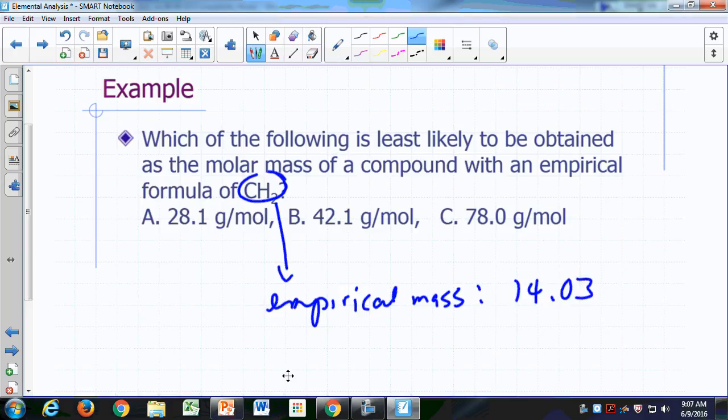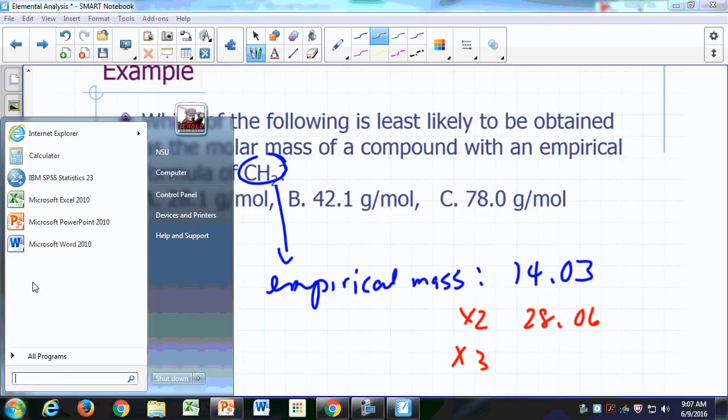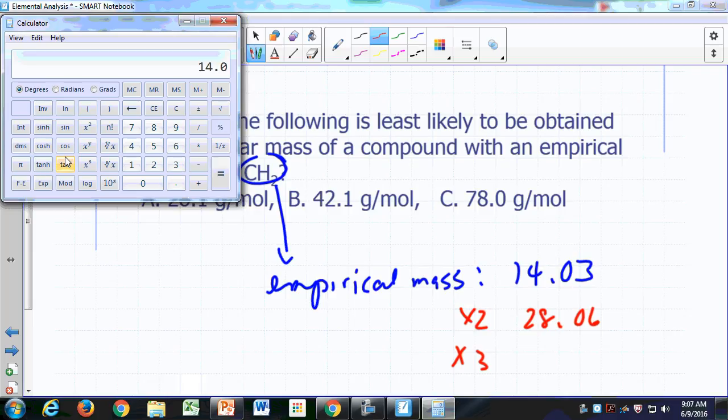So the correct molar mass has to be a multiple of that. You can go through each possible multiple. You multiply that by 2, you get 28.06. You multiply that by 3, let's see, 14.03 times 3, that's 42.09.